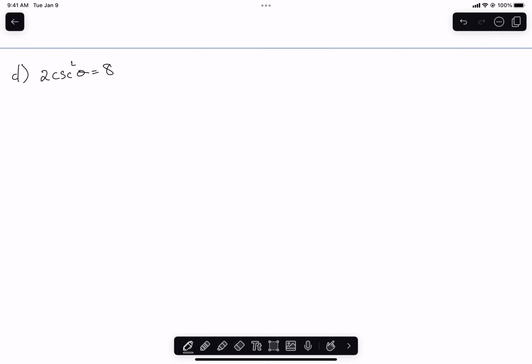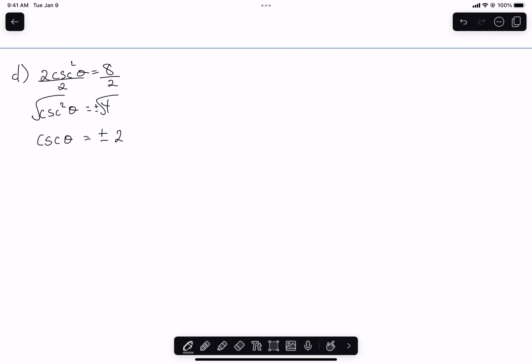So right off the bat, I could probably get rid of the 2. And so I get cosecant squared theta is going to equal 4. And then if I square root both sides, I get plus minus. Don't forget that. I should see cosecant theta should equal plus minus 2.